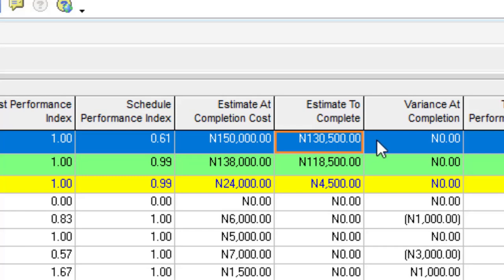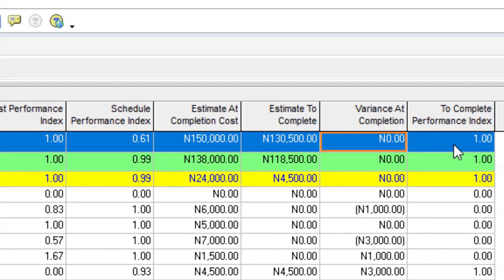So again, if things continue this way, it means that we're not going to have any variance at completion. And then the rate of performance needed from our resources is 1. So in terms of cost, they should continue at the current rate. That's exactly the interpretation of this.